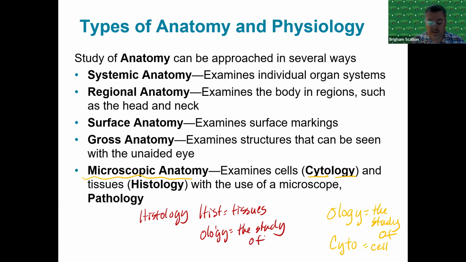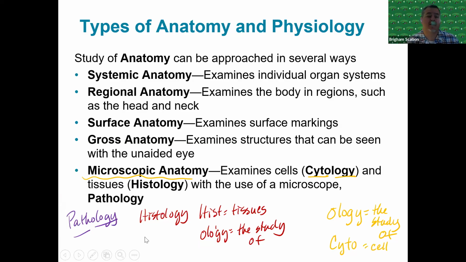So histology is the study of tissues. And then we can use the microscope in medicine to look at pathology. Ology is the study of, and pathos means disease. The actual Latin translation means to suffer. So pathology is literally the study of the suffering of the body.